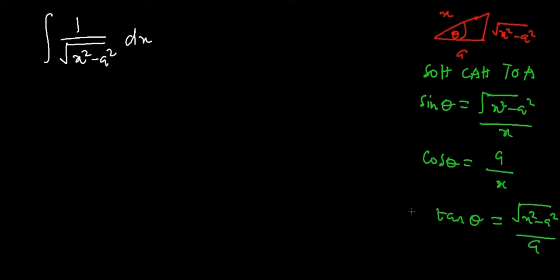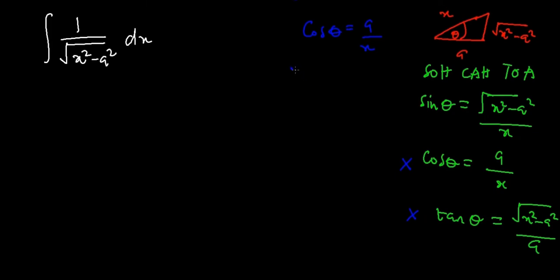Okay, so at this part we are going to focus mainly on cosine and then tangent. Okay, so from here, from cosine equals a over x, you can see that we can make x the subject very easily, right? So we have cosine of theta equal to a over x.